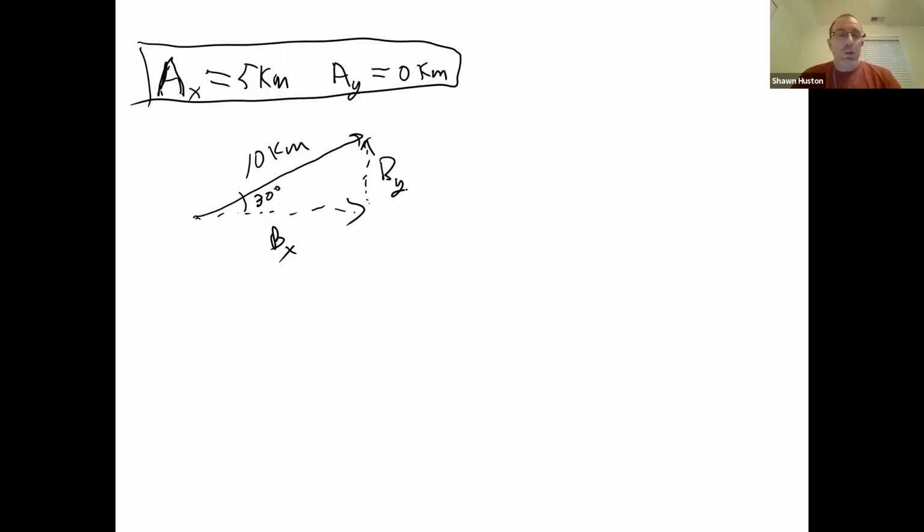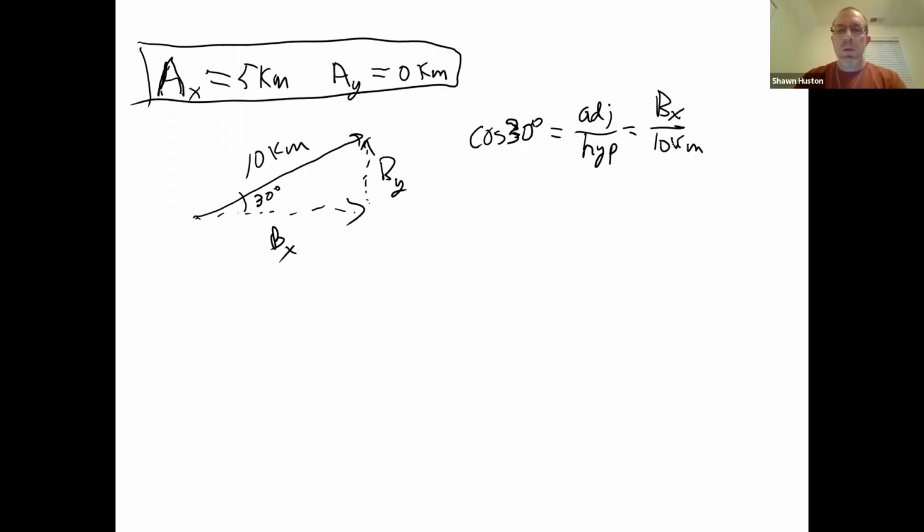I can use trigonometry to figure out what B sub x and B sub y are. If I think about cosine of 30 degrees, SOHCAHTOA, that's adjacent over hypotenuse. That is B sub x over 10 kilometers.